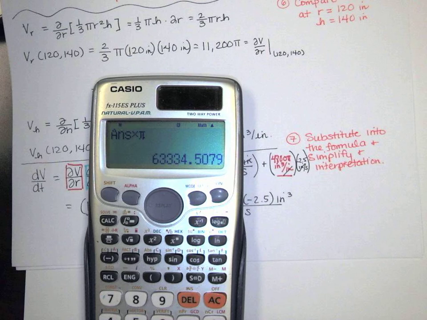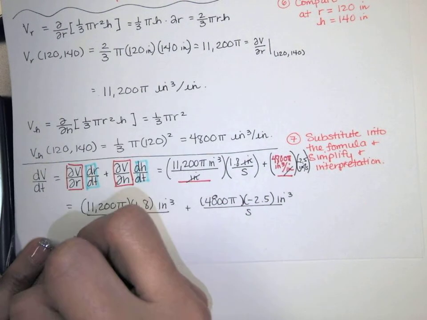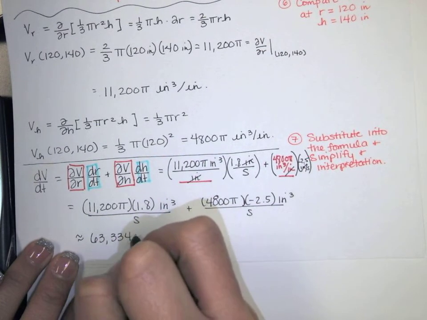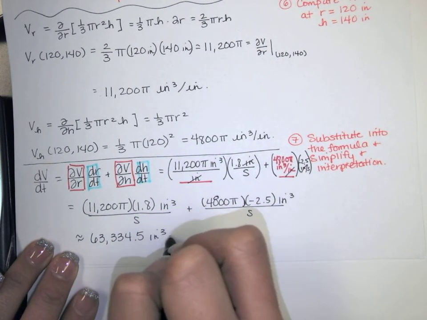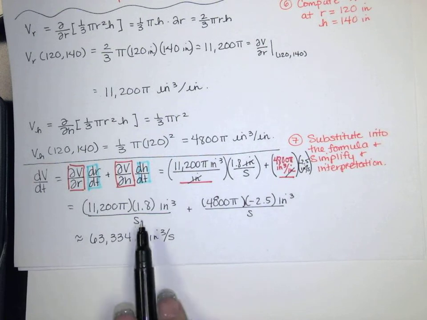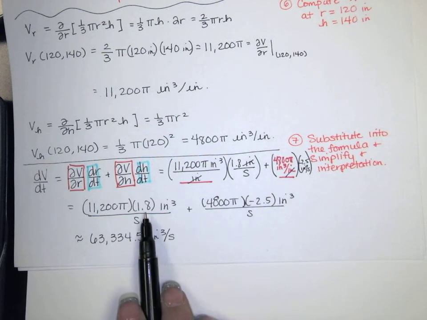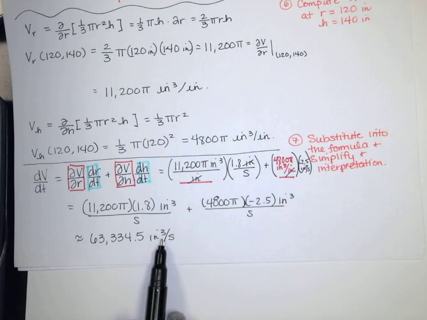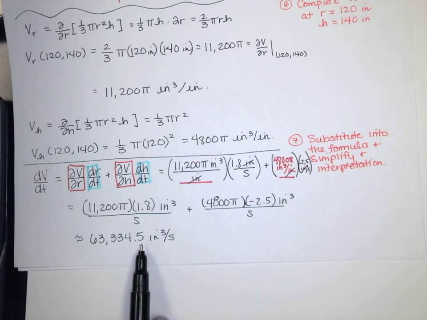So we have about 63,334.5 inches cubed per second. So if the height was staying constant and the radius was increasing at 1.8 inches per second, then the volume would increase by 63,334.5 inches cubed per second due to that change in the radius alone.